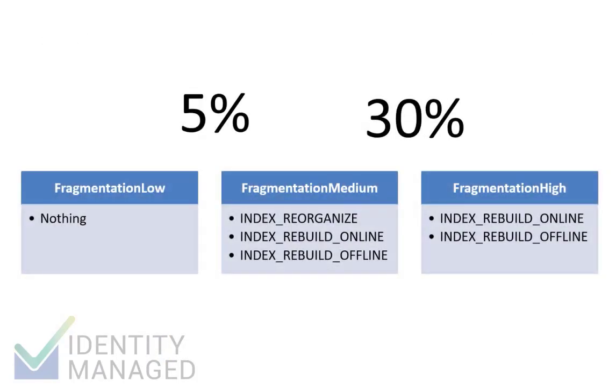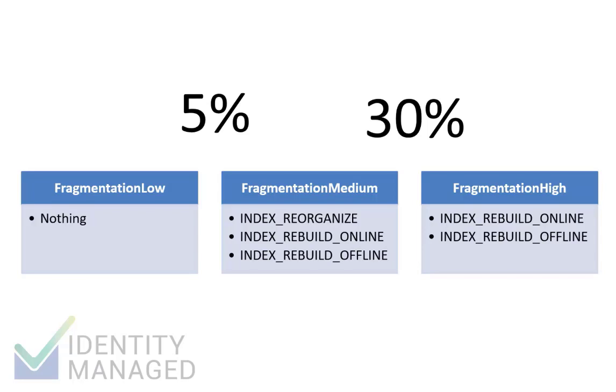As I mentioned before, in that flowchart, less than 5%, don't do anything. Greater than 30%, let's do a rebuild. In between, let's do a reorganize. So in Index Optimize, there are these three parameters: fragmentation low, fragmentation medium, fragmentation high. On fragmentation low, the default is nothing. Fragmentation medium, the default is index reorganize.